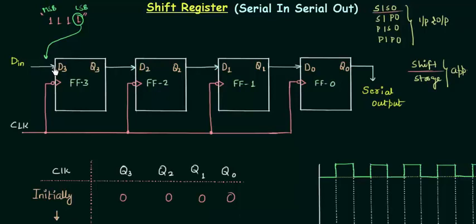I will first write down the inputs, and then we will find out the outputs. I have already written the outputs before this input is applied at D3, and they are 0. So D3 is 1. D2 is 0 because Q3 is 0 and Q3 is connected to D2. D1 is 0 because Q2 is 0. D0 is 0 because Q1 is 0, and Q0 we have to find out. So let's see what we have for the first falling edge.